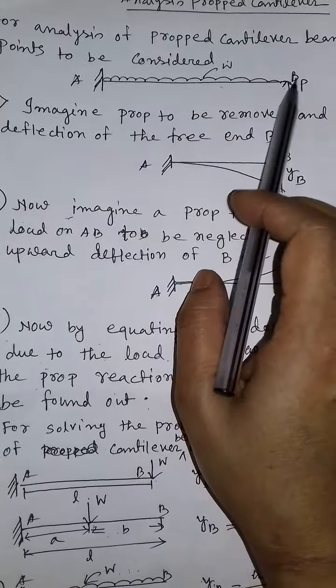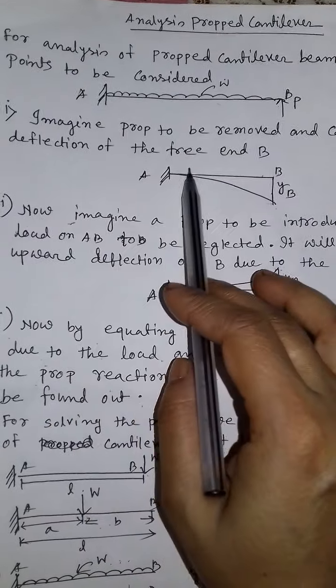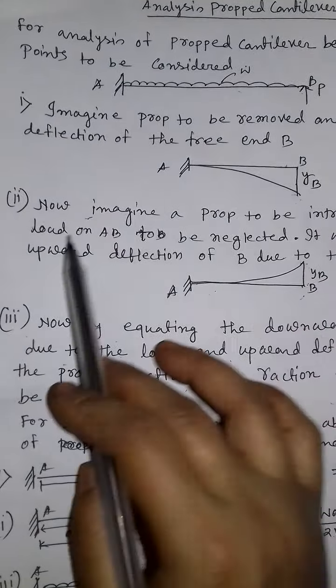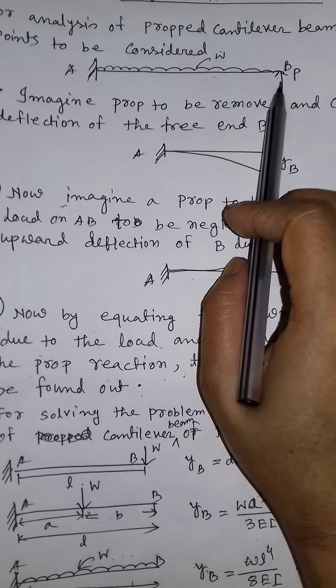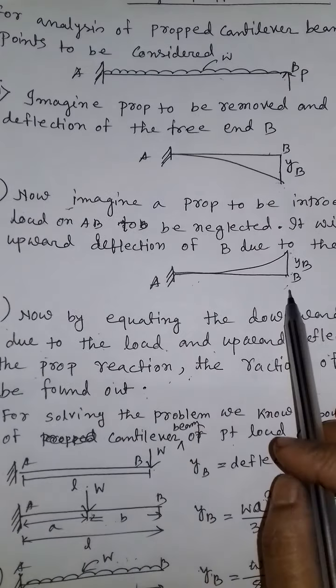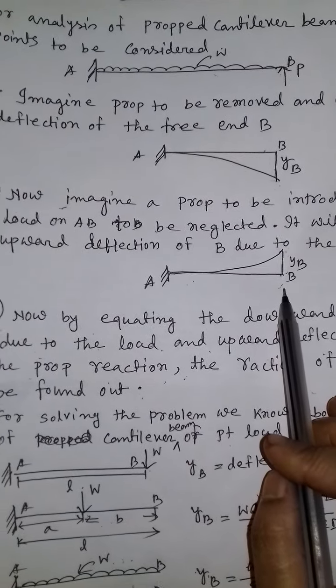So imagine the prop to be removed and calculate the deflection of the free end B. Next step, we remove the load and provide the prop at the free end. Then we find the deflection of the beam.